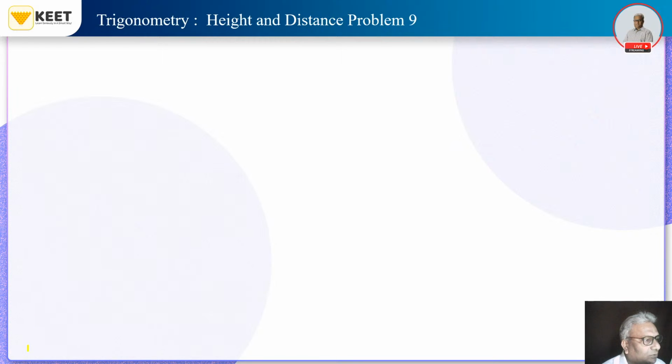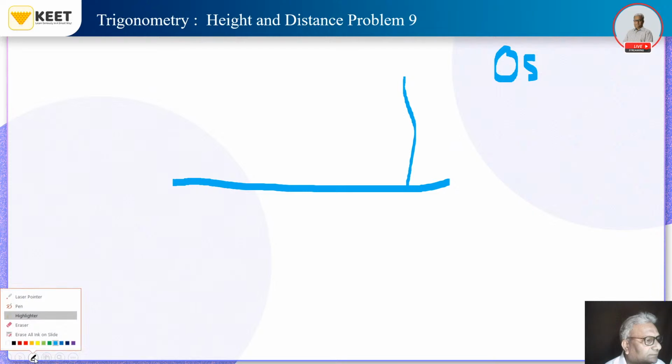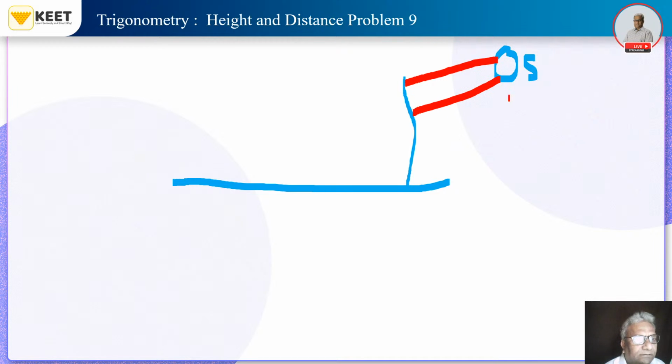So I'll try to explain the problem's initial idea. Suppose this is your ground level, and on the ground level you have a tall object. Now if there is a sun here, the sun rays will come and hit this object.